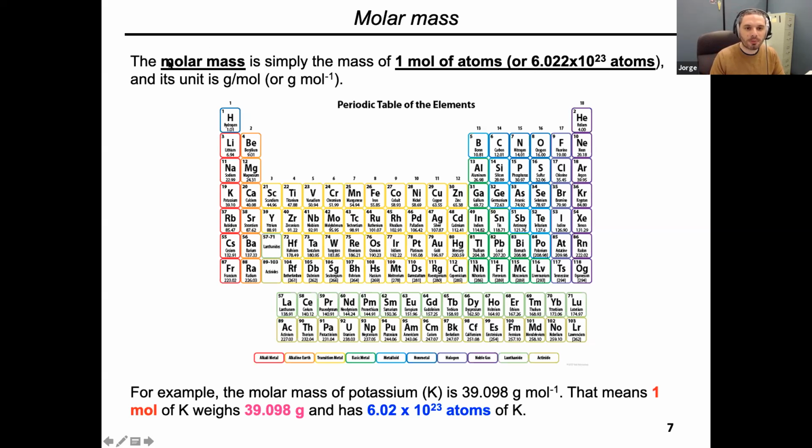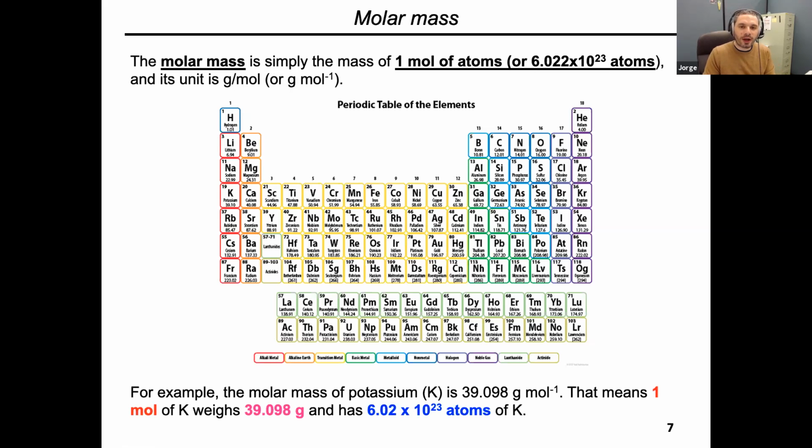The atomic molar mass is simply the mass of 1 mole of atoms, or 6.022 times 10 to the 23rd atoms. The unit for atomic molar mass is grams per mole, or you can write in a more fancy way, grams space mole to the -1, okay?